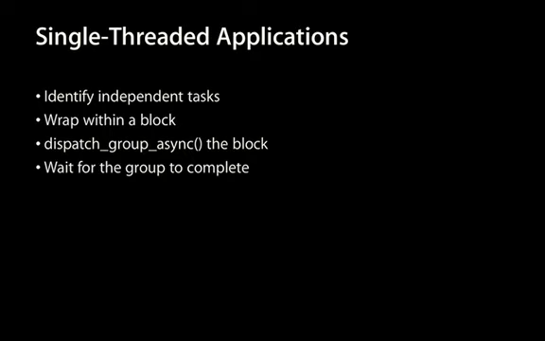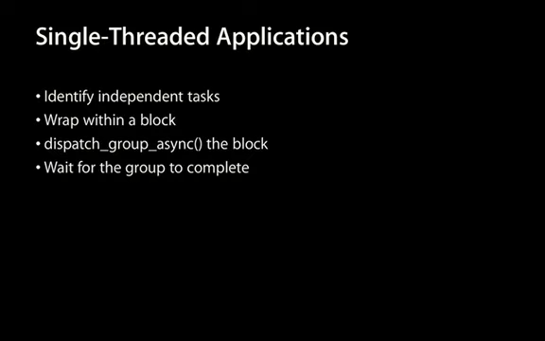So we can take this and very easily bridge single-threaded applications into a potentially asynchronous or concurrent world. And the key to this is to identify independent subtasks in your application. A lot of times when we think of concurrency, we think of taking some array operation and really trying to break up the math into small chunks, or a lot of parallel computation. But actually, GCD is more about task-level concurrency.